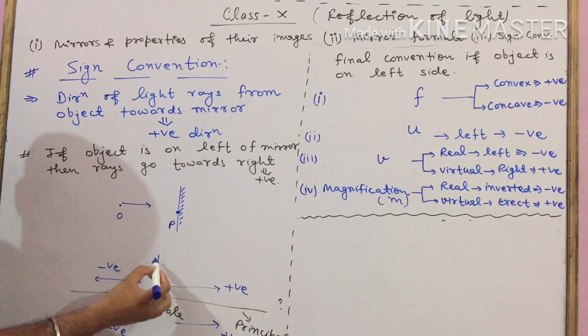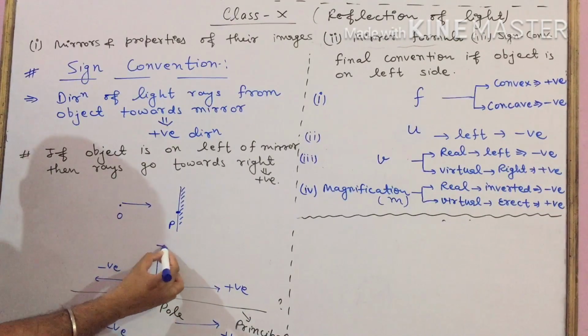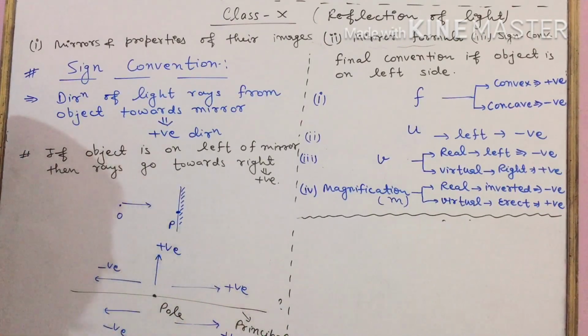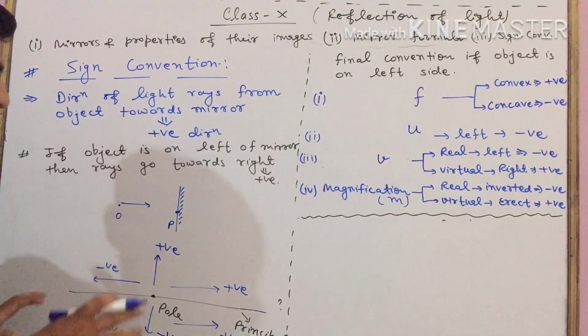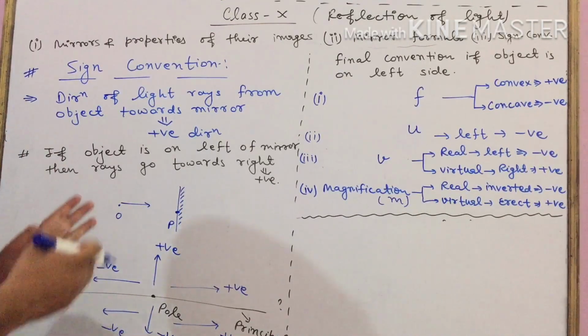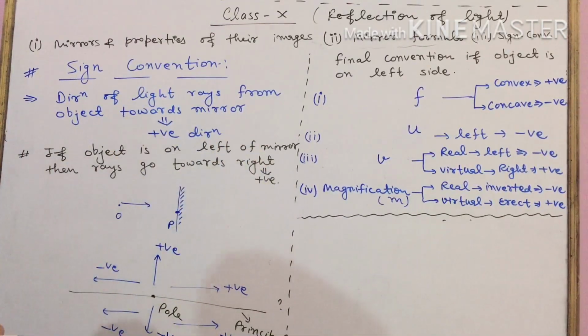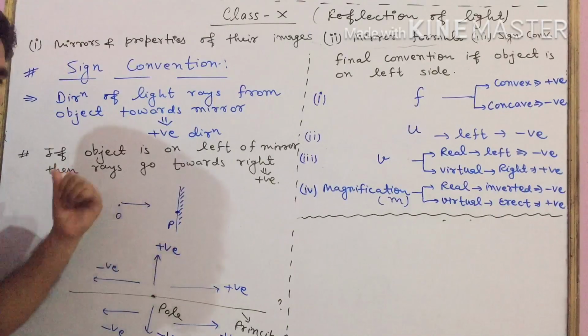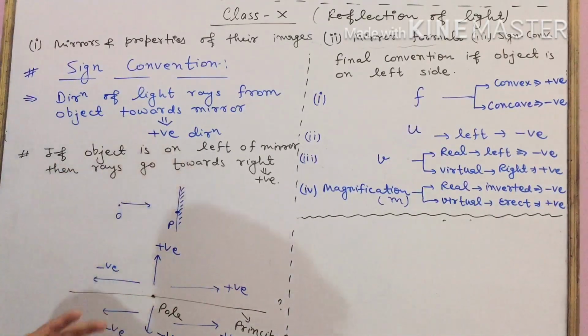The heights above the principal axis are taken to be positive, and the heights measured below the principal axis are taken to be negative. Because we are assuming the object towards left of the pole, right side of the pole will be positive, and left side of the pole will be negative.